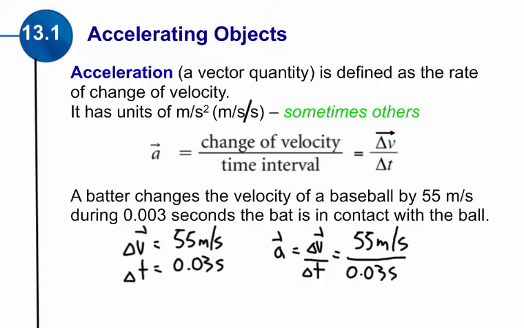And then all we have to do is put that in your calculator, and you're going to get an acceleration of 18,333 meters per second squared. And changing the velocity of a baseball is going to put a huge acceleration on the object.